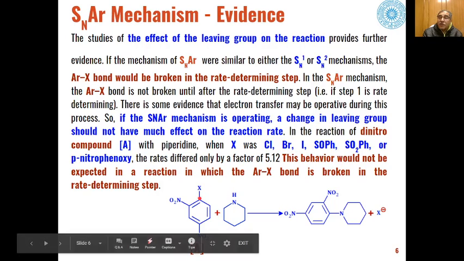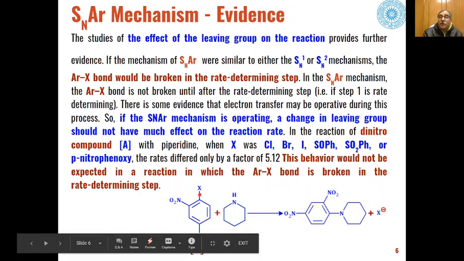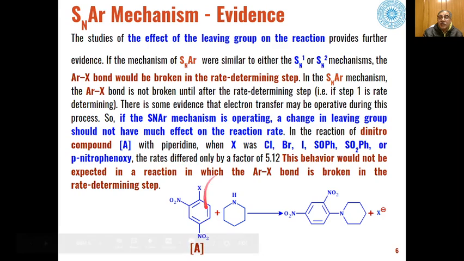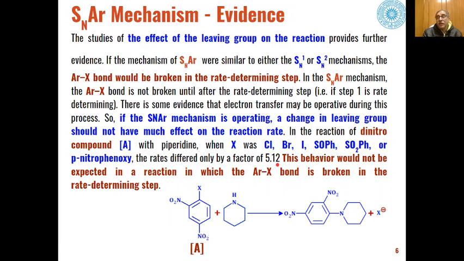carbon iodine bond, carbon chlorine bond, carbon bromine bond, carbon sulfur bond, they have different strengths. So the rate would be much more different than what is actually obtained in this case. The rate differed only by a factor of 5.12, which means that the mechanism followed is not SN1 or SN2, and the rate determining step is not the breaking of this bond.